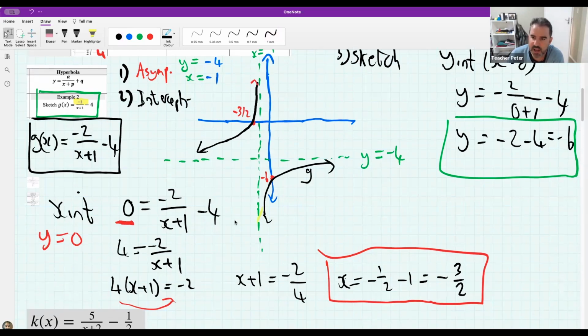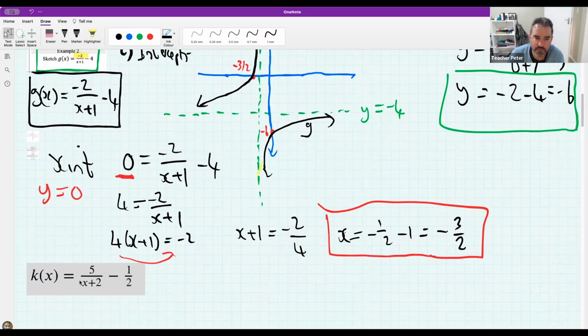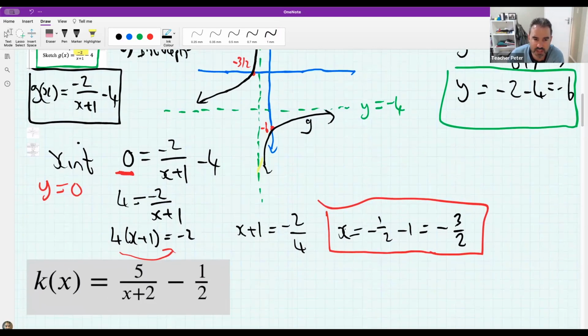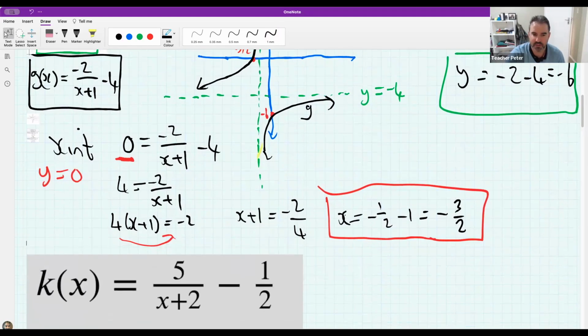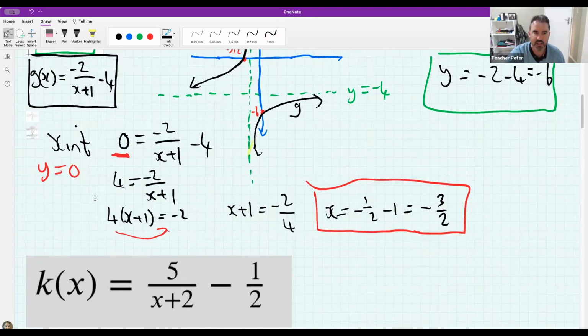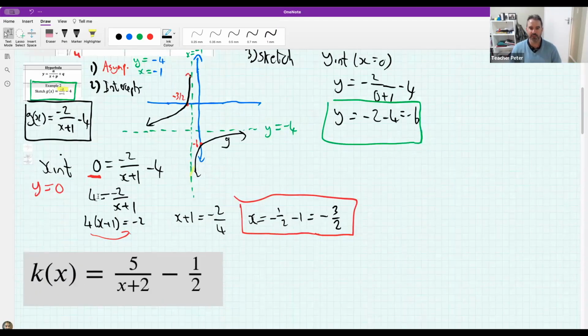So while I am waiting for questions, for those who feel comfortable, can you draw me the graph of k of x? I want you to draw me the hyperbola using the 3 steps that I just showed you. And then I'll wait for any questions or comments from anyone else who would like to clarify anything from that example.